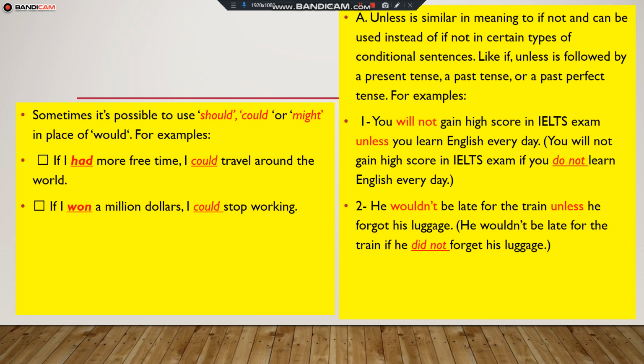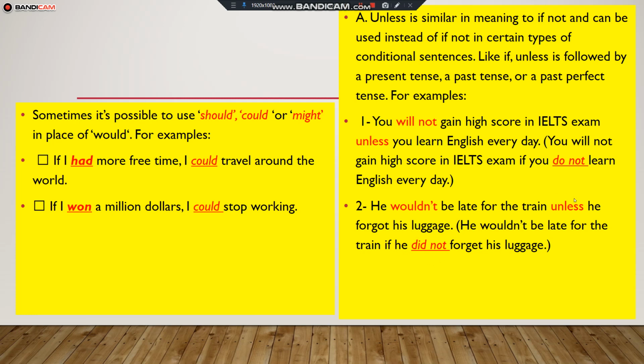Now for type 2, look at this example, guys. I tell you he wouldn't be late, here after would we just add not, for the train unless he forgot his luggage. That means he wouldn't be late for the train if he didn't.